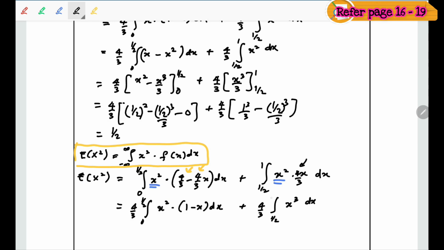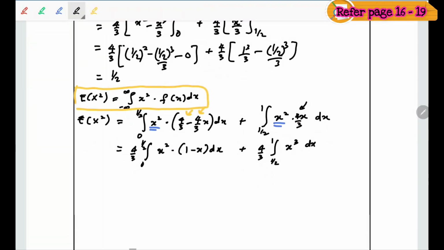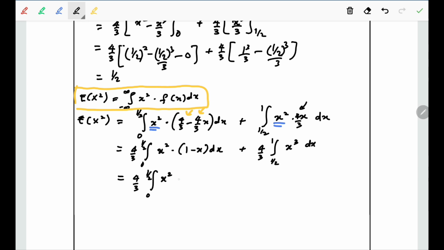This is the limit 1 over 2 until 1. Alright, so we're going to expand first before we integrate. So 4 over 3 integrate from 0 until 1 over 2. So expand, we get x squared minus x cubed dx, plus 4 over 3 integrate x cubed dx. So we are going to proceed with the integration.